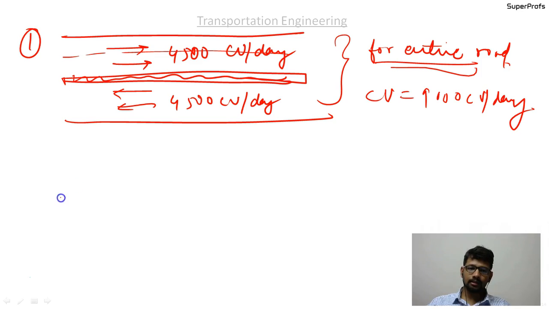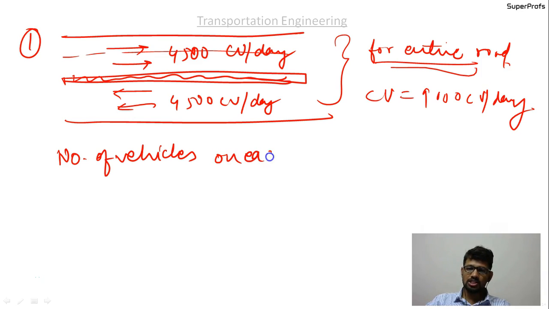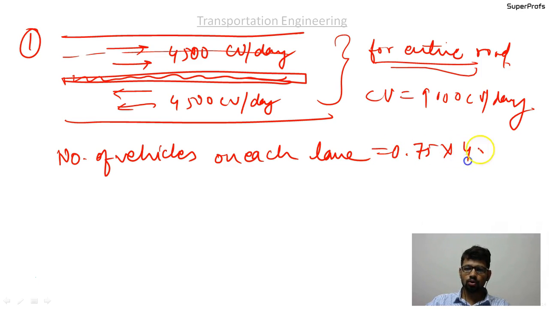So what will be the design value for commercial vehicles per day? That will be the number of vehicles on each lane. We always calculate it for each lane. For each lane it is equal to 0.75 into 4500, that is equal to 3375 commercial vehicles per day.